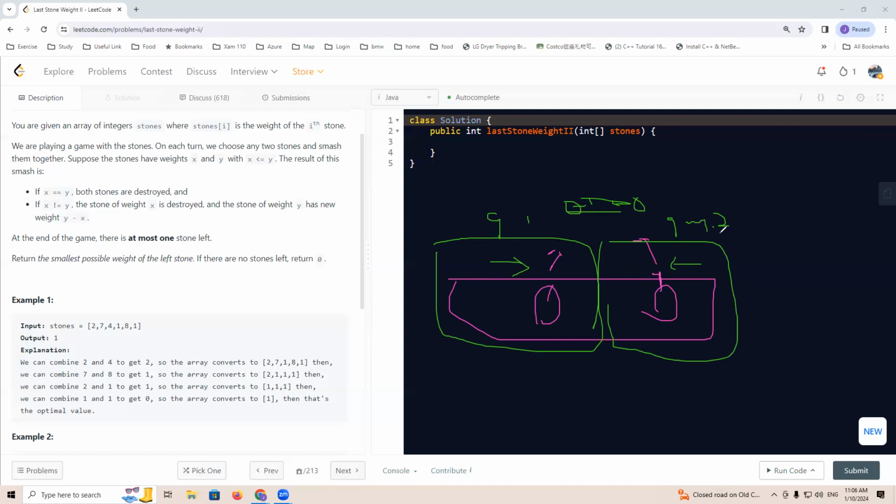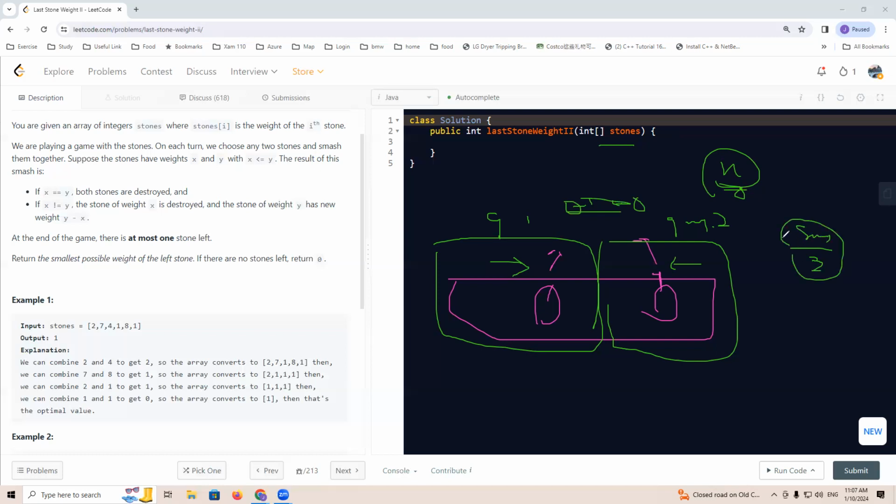So for these n stones, we try to find the maximal sum, targeted at maximum weight, which we select from these n stones, with target sum over 2.